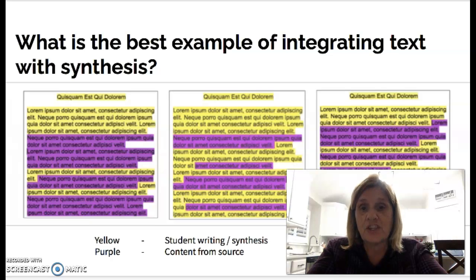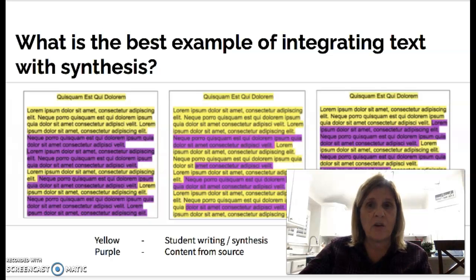And it shows in that paragraph that this student has quoted or paraphrased or summarized 4 different sources in one paragraph, which is a great research writer. So oftentimes in a high school class, I let students get away with using 1 source per paragraph. But in this class, in a college class, that is not a good strategy. You want to integrate more than 1 source into your body paragraphs.